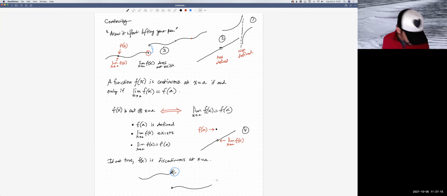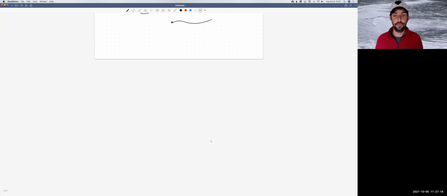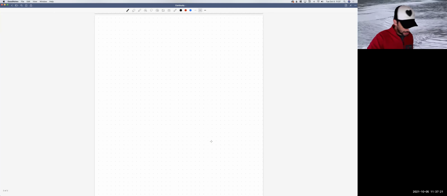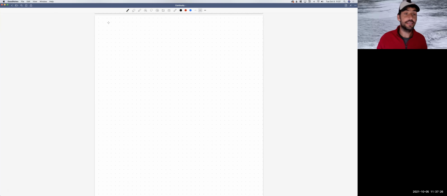Okay, so let's do some more examples. Talk a little more about continuity. Here's a big idea, a very helpful idea.